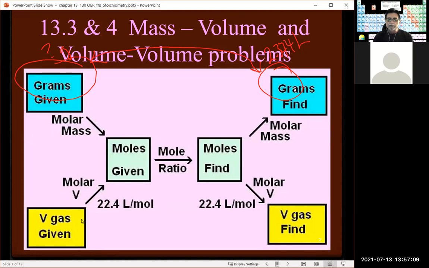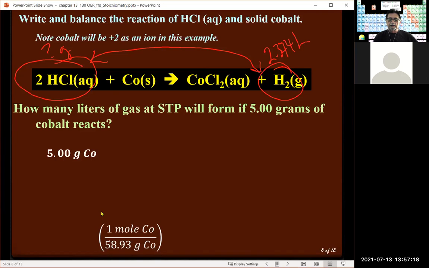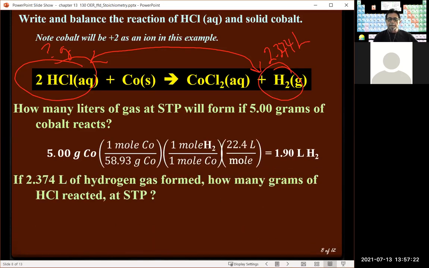So you're going from the bottom left, work your way backwards to figure out how many grams. Okay. See, volume given back to grams of hydrochloric acid. So it's the bottom left corner of that flow chart to the top left corner. Or it could be a top right corner. Either way, you're looking for grams at the end. So we write down what we're given.